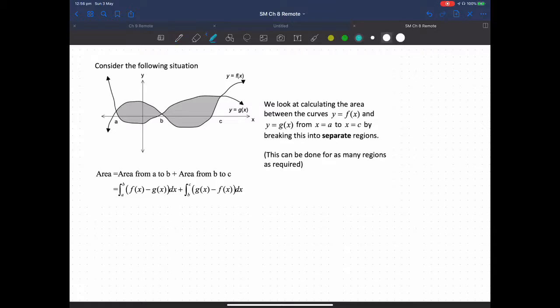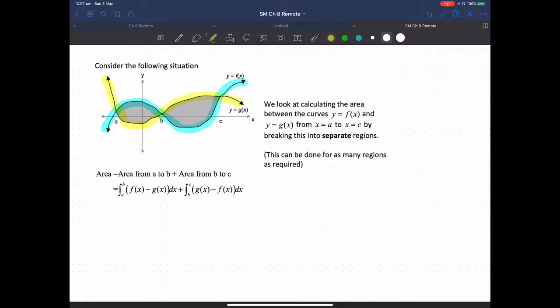So if we were to look at fx, you'll see that fx is on the bottom at some times and at the top at other times. If you were to look at gx, gx is on the top sometimes and on the bottom other times. So they switch positions.